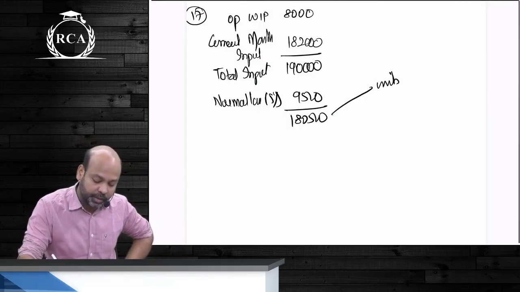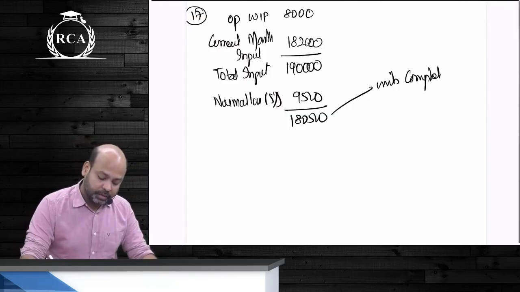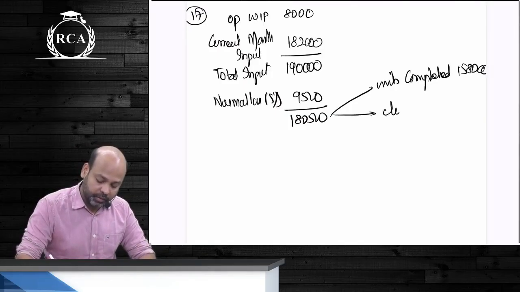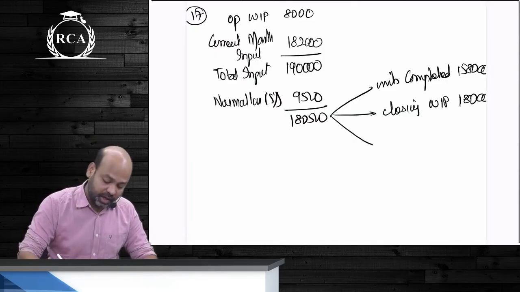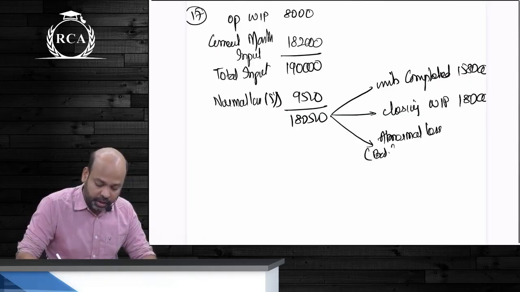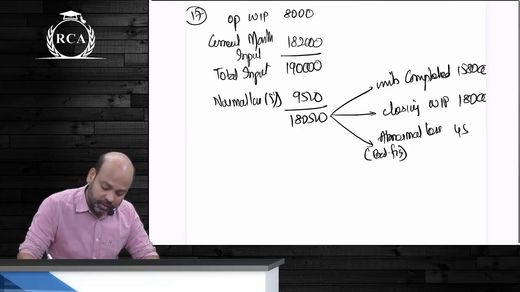Out of this, how many units completed? 1,58,000. How much is closing work in progress? 18,000. So the total of both, beta, is 1,76,000. We still have a deficit of how much? That will become your abnormal loss. This abnormal loss should be taken at the degree of completion that is given in the question, beta.